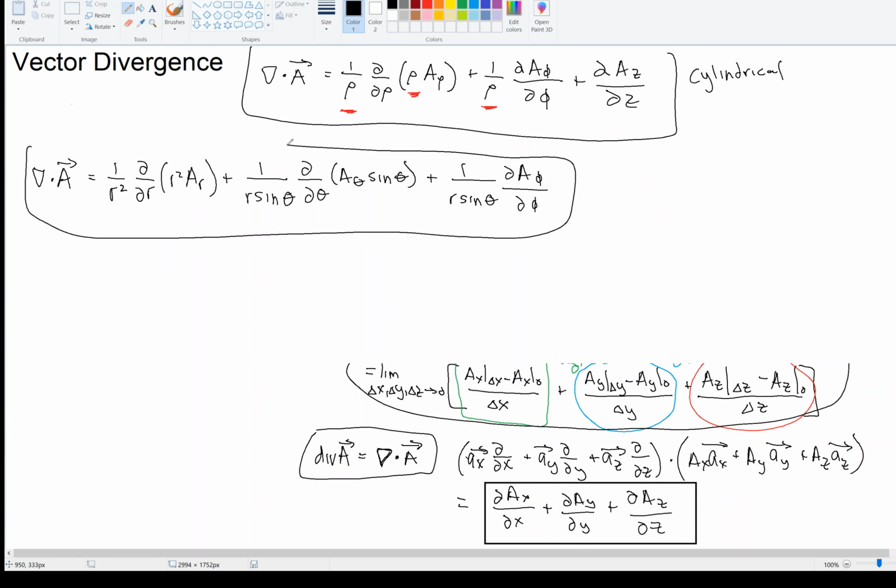So this would be spherical. All right, and we'll have examples of how to apply these things to certain vector fields.